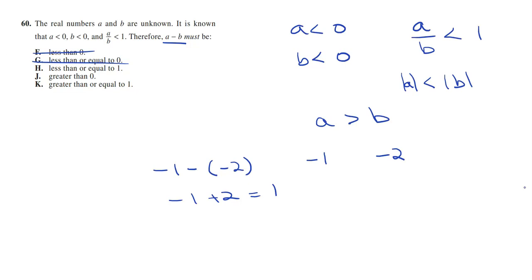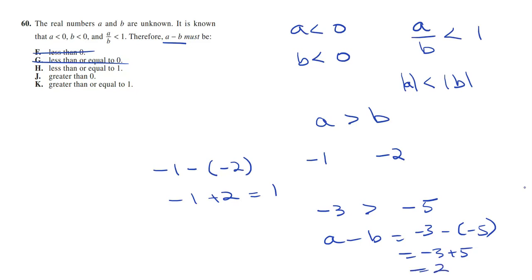So let's try another number. Let's go negative 3 greater than negative 5. So A minus B is going to be negative 3 minus negative 5, which is negative 3 plus 5, and this is 2. So greater than 0, definitely. Less than or equal to 1, nope.